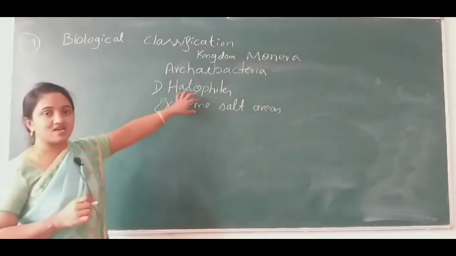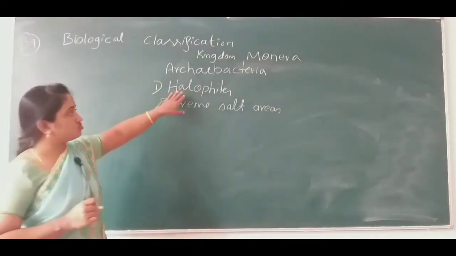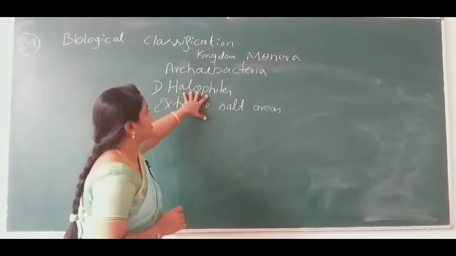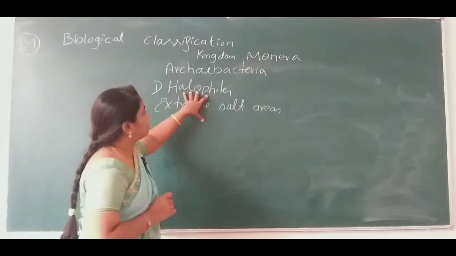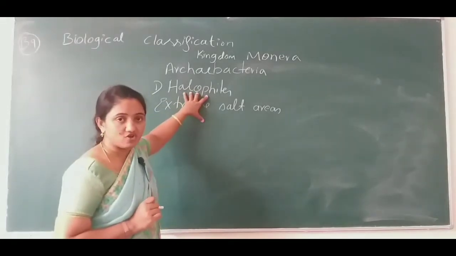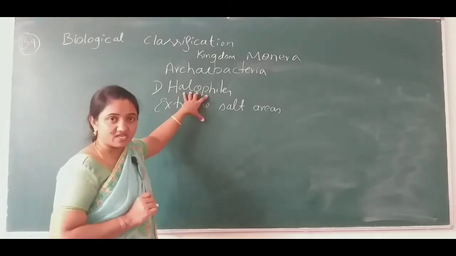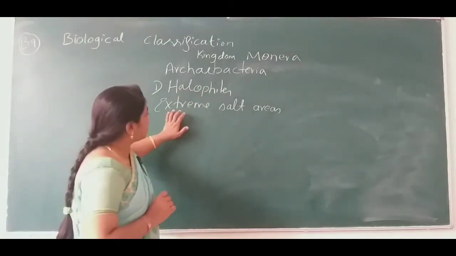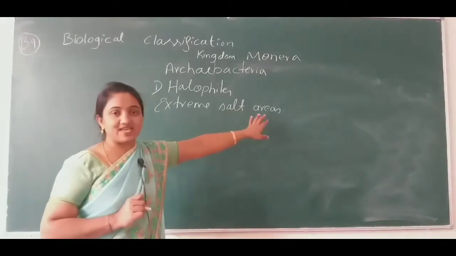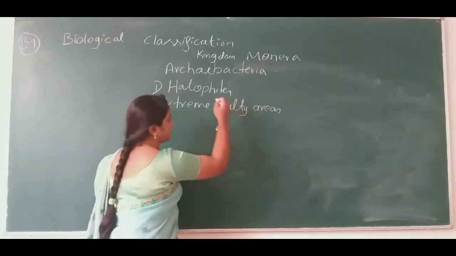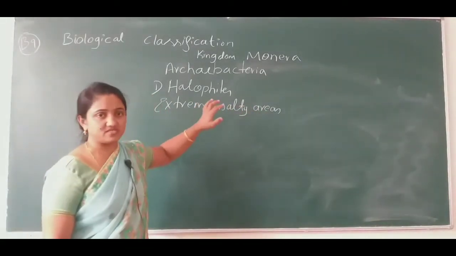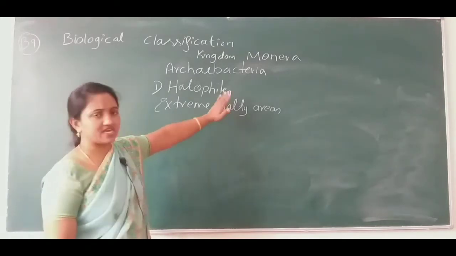Okay, one is Halophiles. They used to ask in the examination, what is Halophiles? Halophiles are the type of Archaeobacteria found in extreme salty areas. So that is the answer.